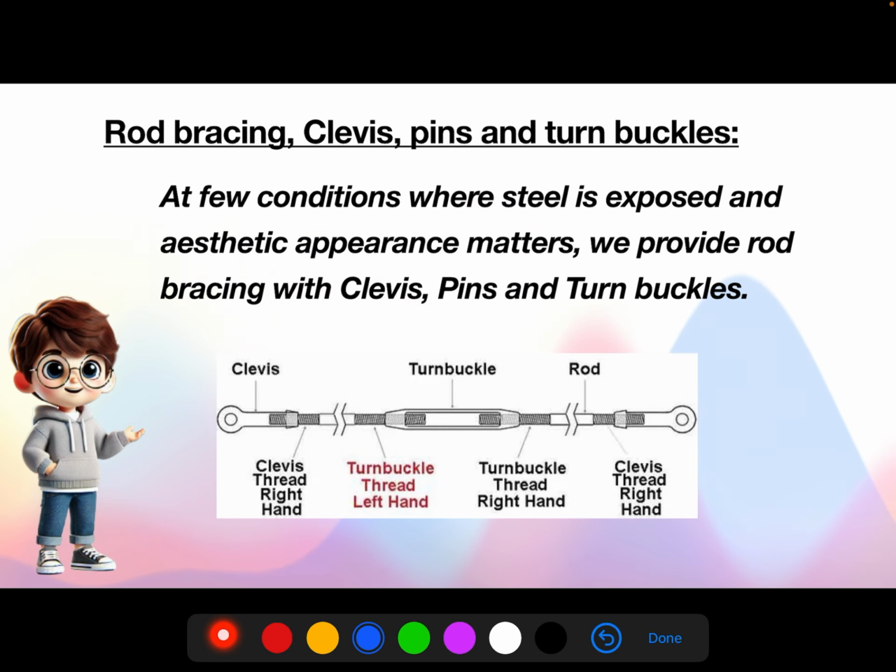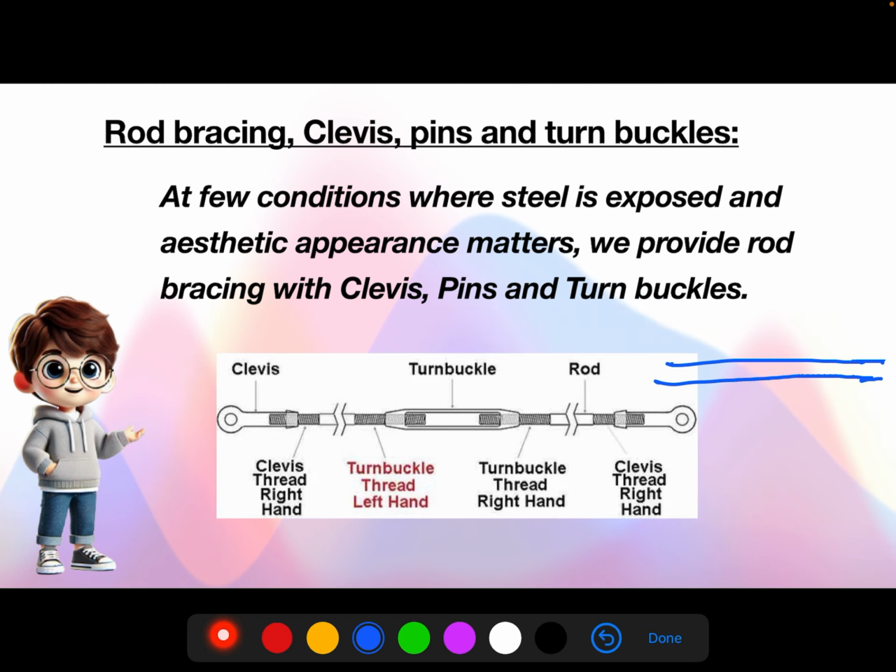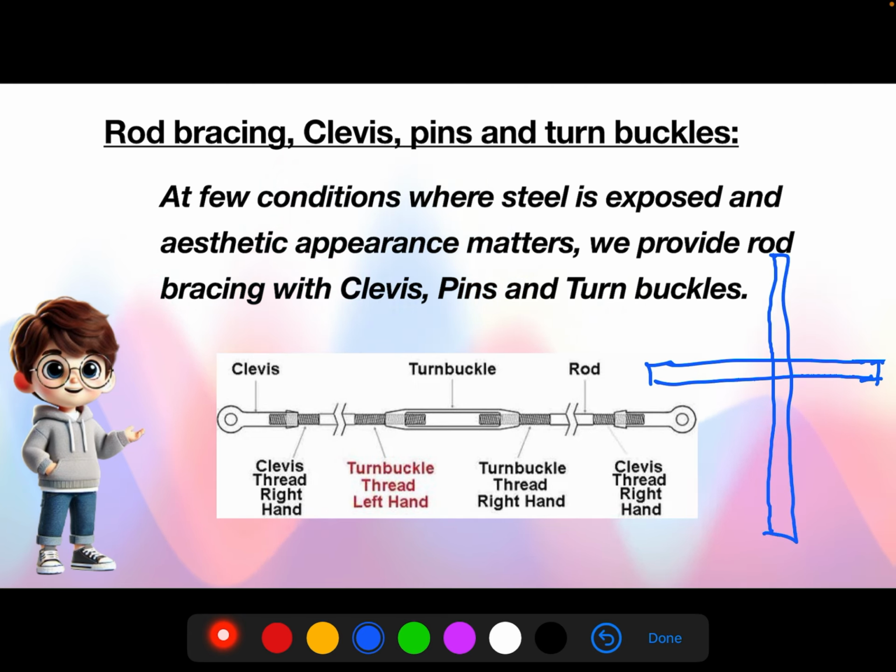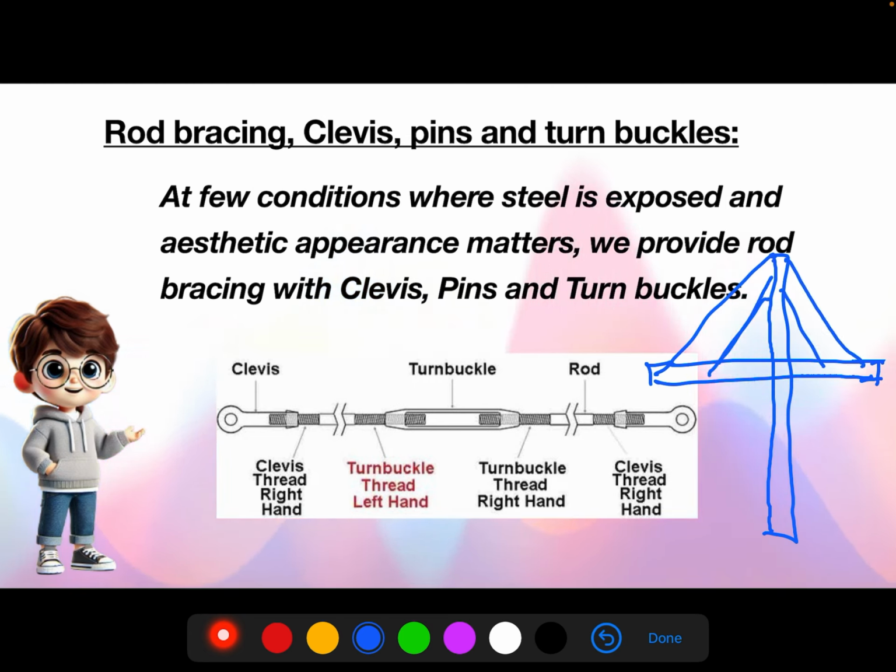Apart from these things, we have rod bracing, clevis, pins, turnbuckles. So what are these all? Example, if you take a cable bridge, how it looks like? Simply, there is a horizontal portion, bridge, and like this, and this will be tied up to the bridge like this.